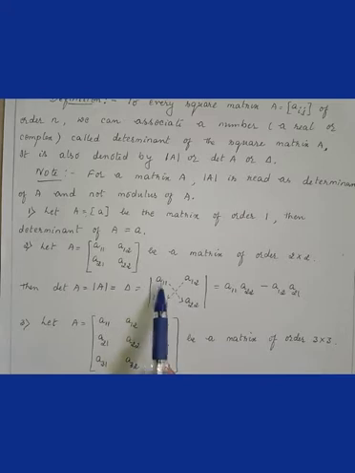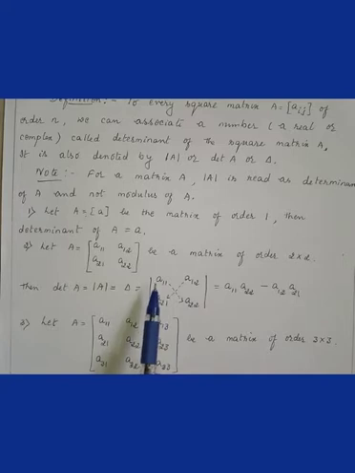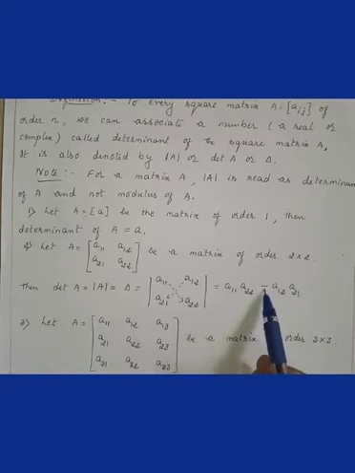Again, these two are the diagonal entries and these two are the non-diagonal entries. Therefore the determinant of a 2 by 2 square matrix is multiply the diagonal entries minus multiply the non-diagonal entries.